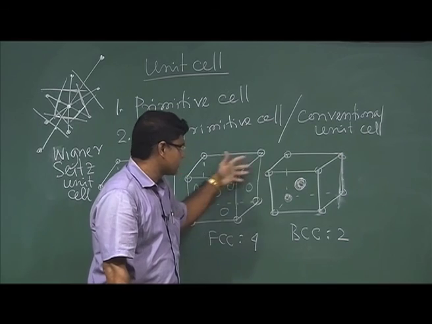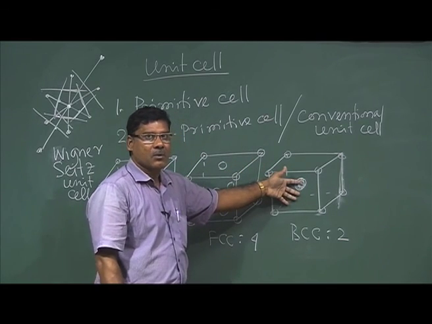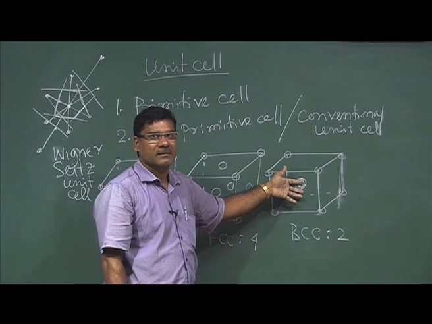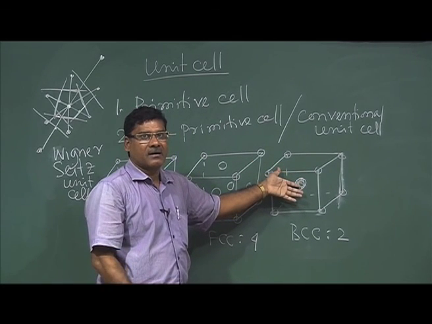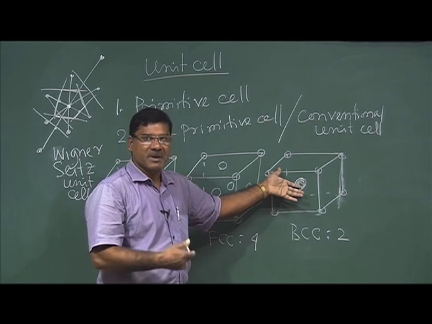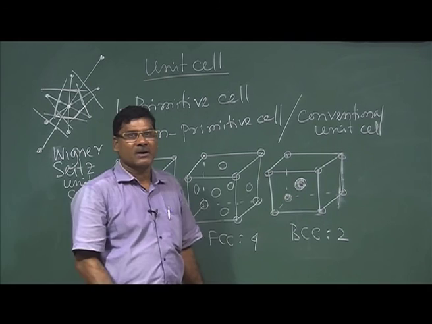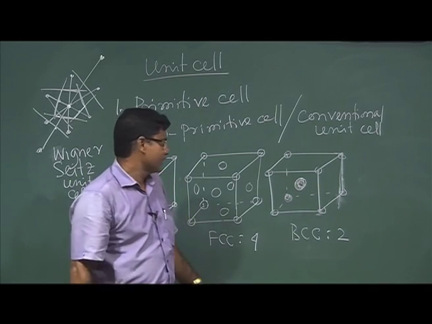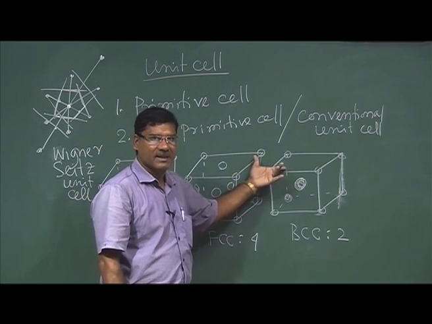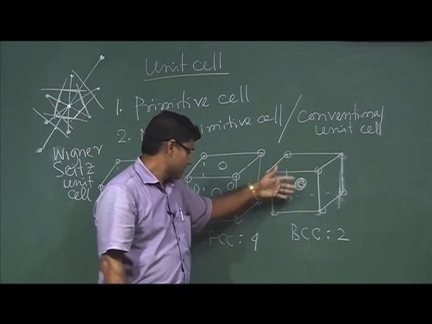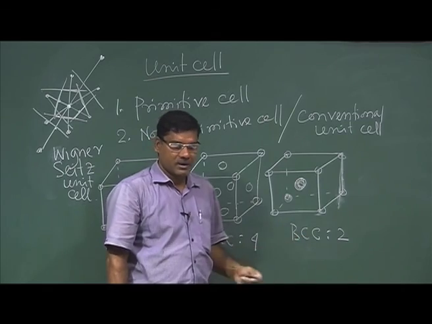From this lattice one can construct the primitive unit cell, but it has less symmetry. That is why we do not prefer the primitive cell, but rather the conventional cells, FCC and BCC. Okay, so I will stop here.